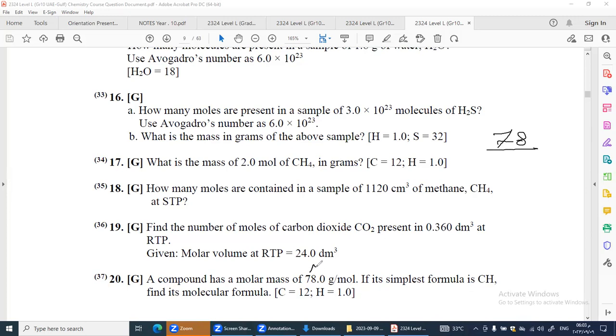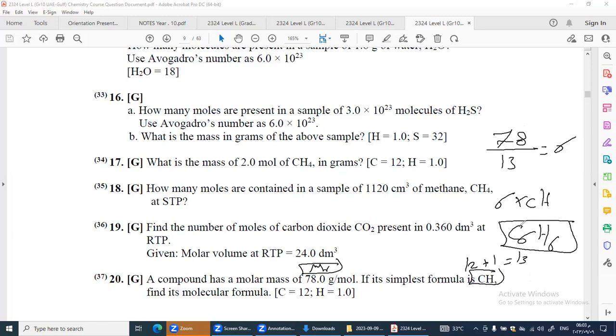This is the molar mass. Over empirical mass. CH, C equal 12 plus H equal 1 equals 13. So 78 over 13 is equal to 6. Okay. So 6 multiplied CH is equal to C6H6.